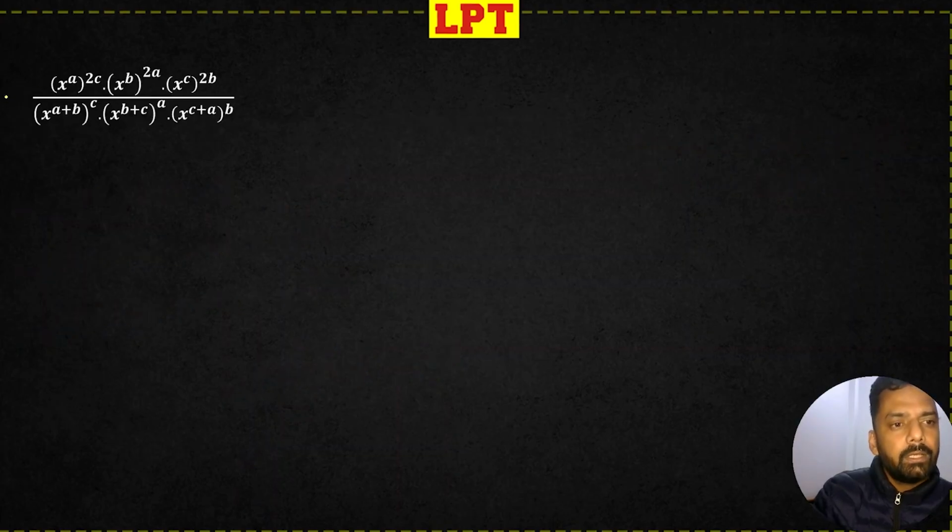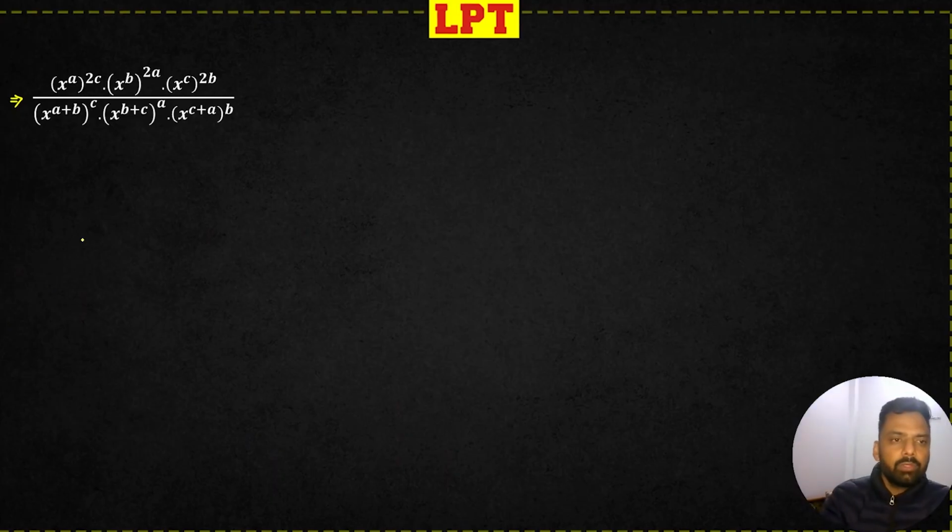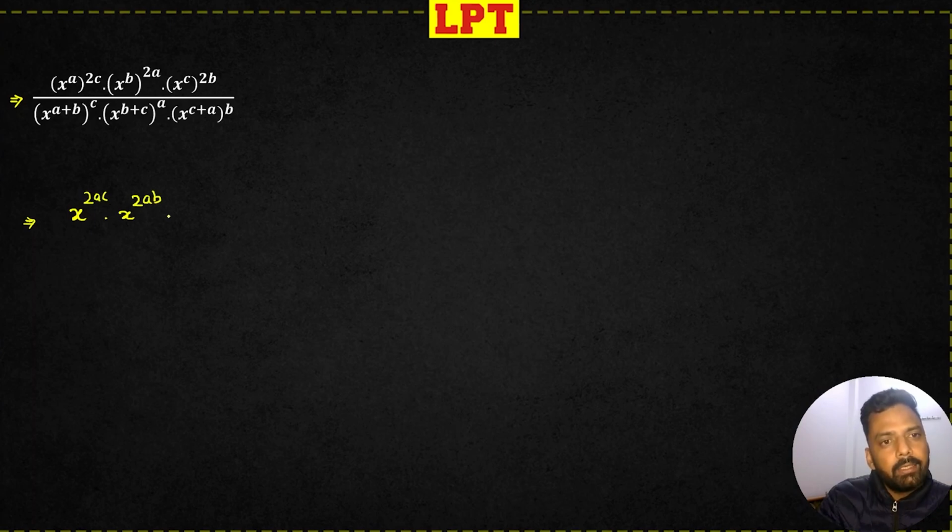Okay. Let's see another example. Here we have x to the power a whole to the power 2c into x to the power b whole to the power 2a. So let's start solving it. The first thing is that here x to the power 2ac I can write, so x to the power 2ab I can write, and here x to the power 2bc I can write it.